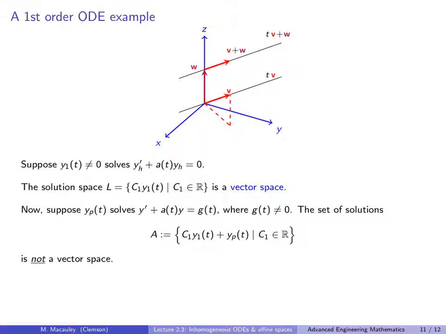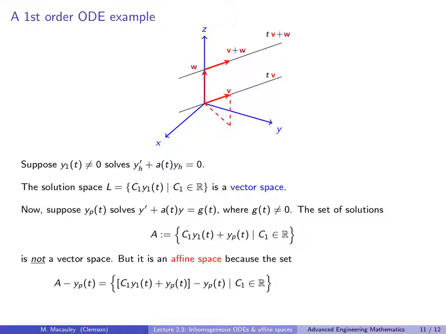The set of solutions to this inhomogeneous equation, let's call it A, is a set of all functions of the form c1 y1 plus yp. This is clearly not a vector space. It does not contain the origin. But it is an affine space, because if you take the set A and you subtract yp from it, we did this a few slides ago, this is the general solution to the inhomogeneous equation.